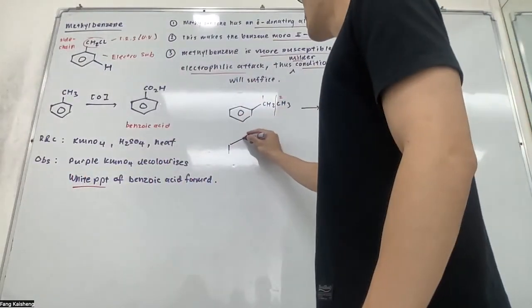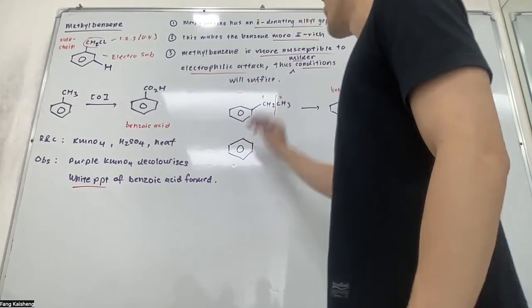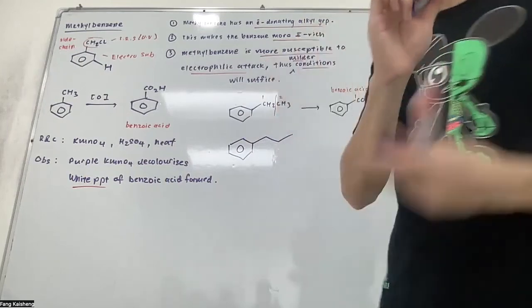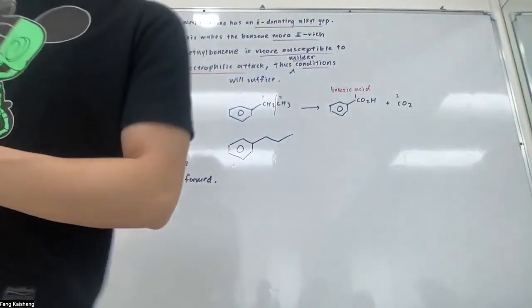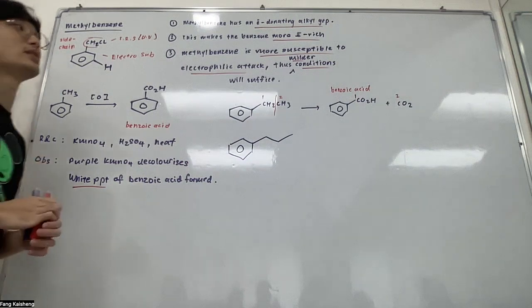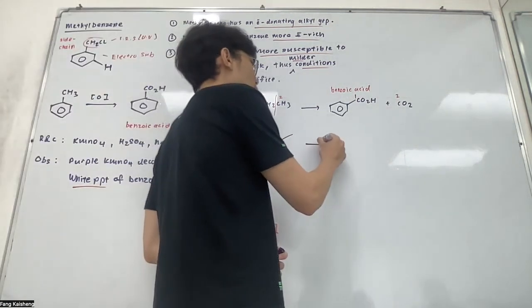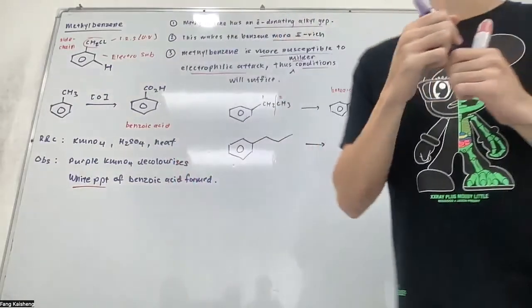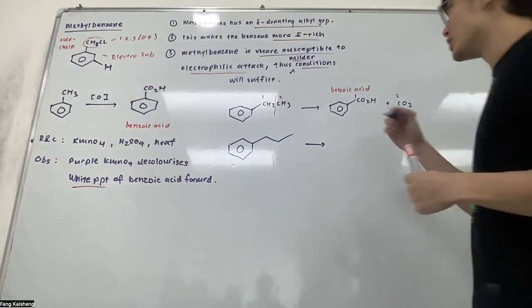So what I'm going to do now is draw 3 carbons, and this is when I'm going to use skeletal formula already. No more structural formula. Let's apply the same rules, the same technique here. Guys, what is the one product you will form? You will form benzoic acid.